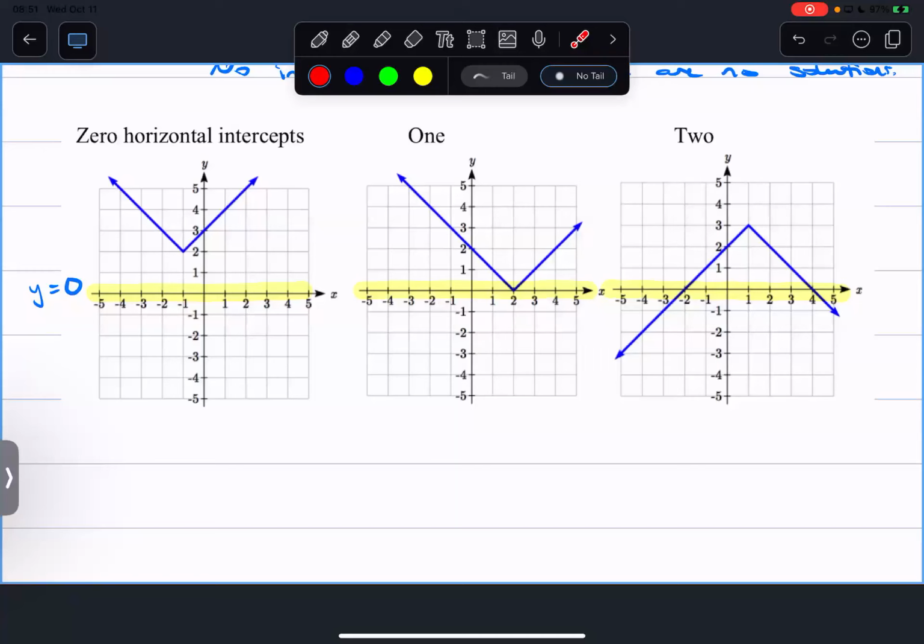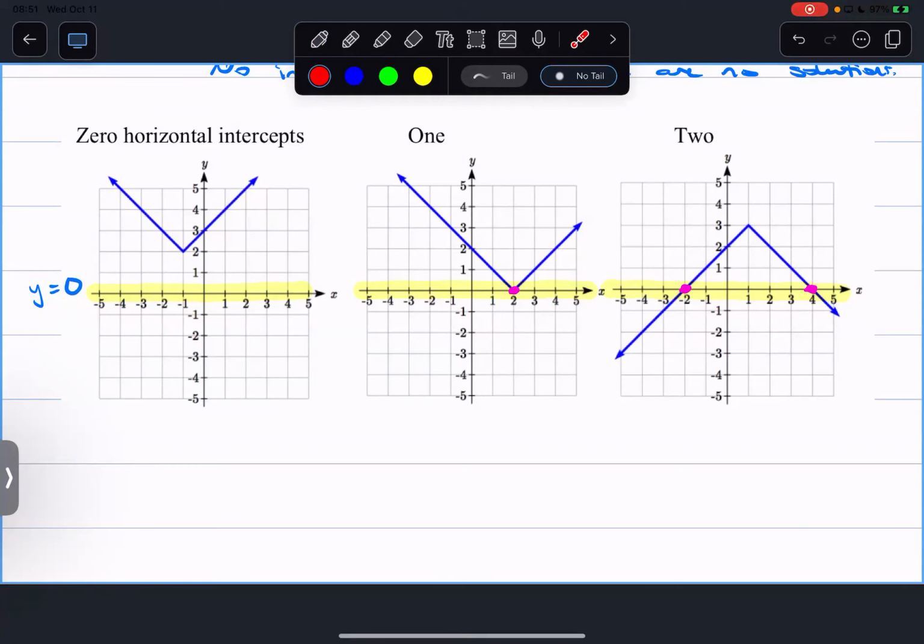Or it could be facing a v up like this. Either way, it's only going to cross the x-axis at most 2 times. So here's the 1, and here's the 2 horizontal intercepts. And so what we're solving for is, where do these things equal 0?